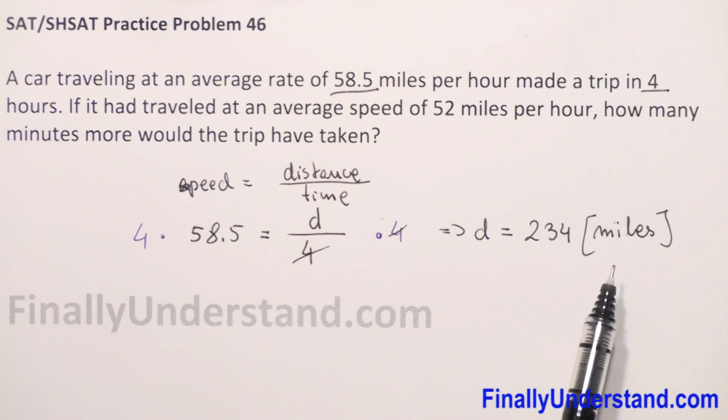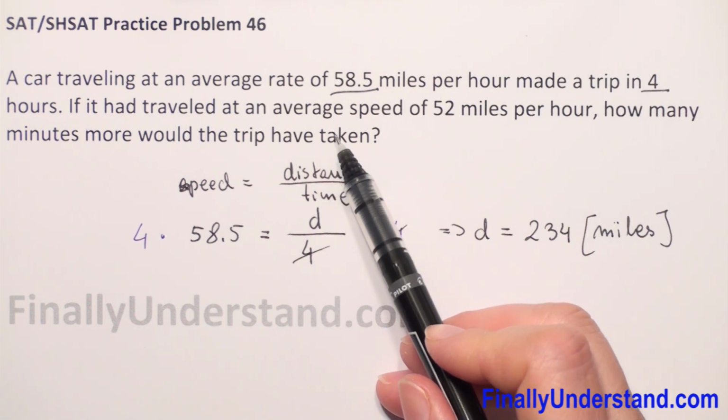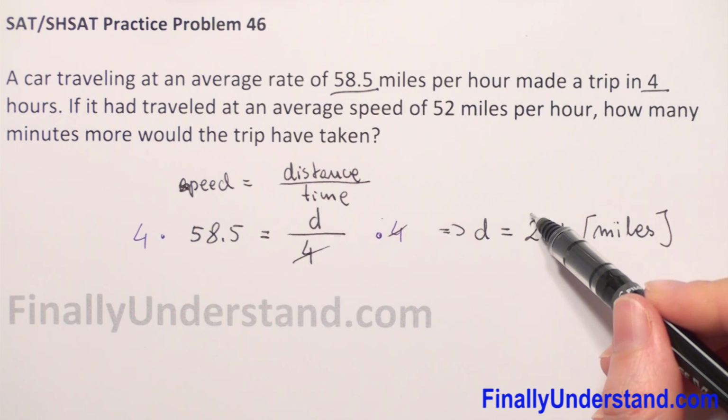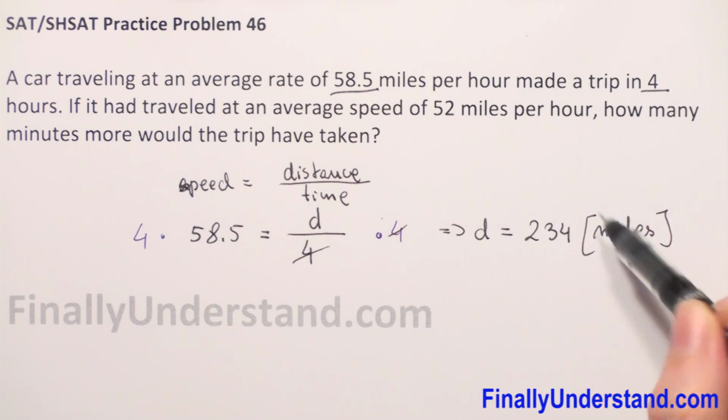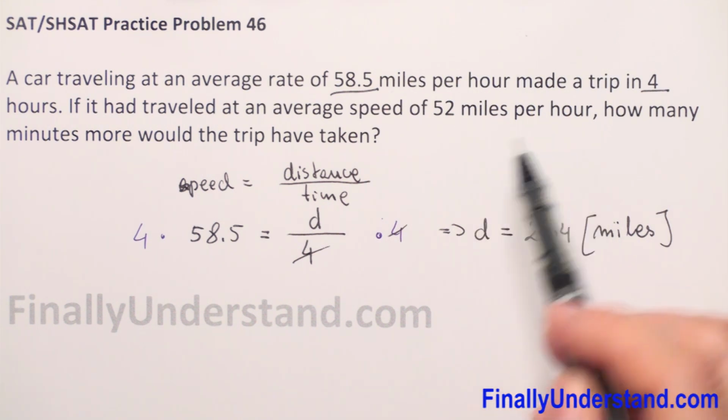When we have the distance, we can now go to the second part of our problem and calculate the time which the car needs to pass the distance of 234 miles at a speed of 52 miles per hour.